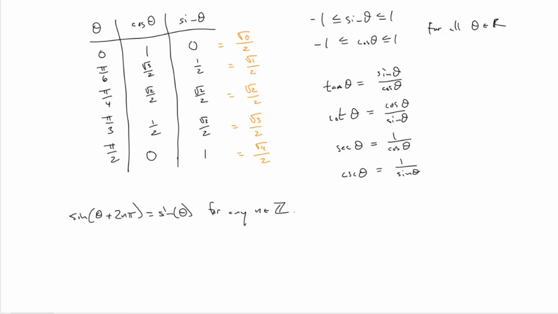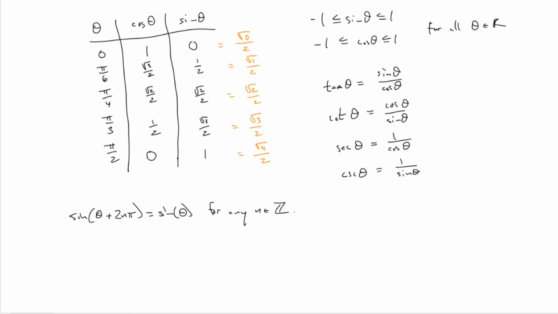Not so for any of the other 4 elementary trigonometric functions, because they all have these denominators that could be 0. So, for example, any place where the cosine of theta is 0, the tangent of theta is undefined because you're not allowed to divide by 0. So, for example, tangent of theta is undefined at pi over 2, and at -pi over 2, and at 3 pi over 2, and at infinitely many other places.